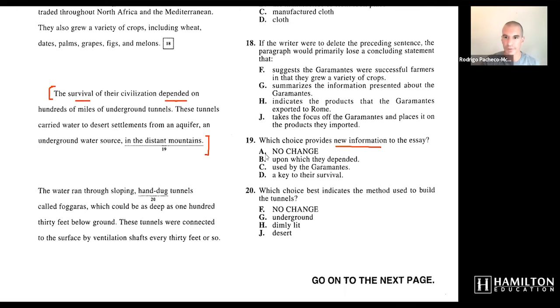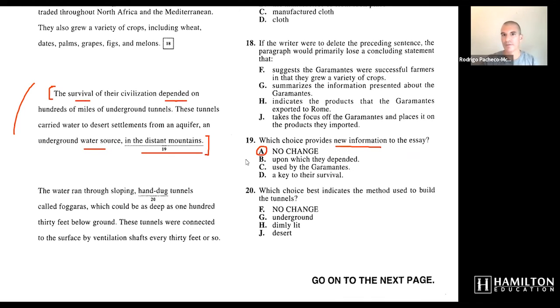So which choice provides new information? Well, if you look at A, no change, this tells us that the water source was in the distant mountains. And we don't see that information in this paragraph yet. So this is new information, and this is also our correct answer.